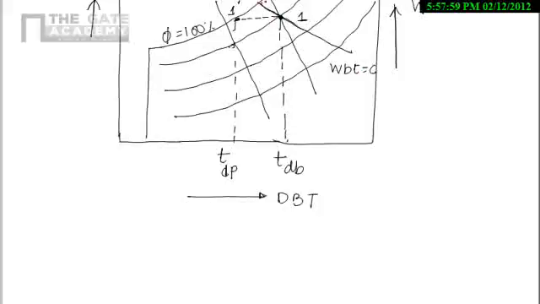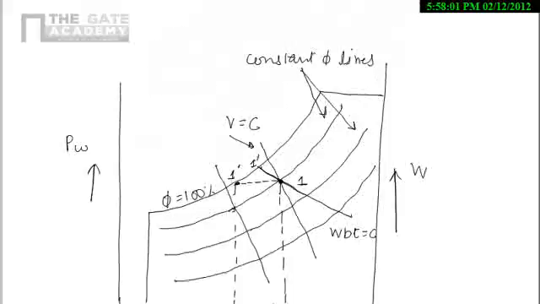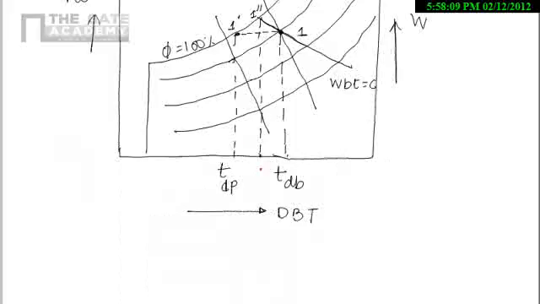Now we are coming at one double dash, and at one double dash, if we see on dry bulb temperature axis, we are having a point here that is called wet bulb temperature. So now we can easily find dew point temperature, dry bulb temperature, and wet bulb temperature on dry bulb temperature axis.